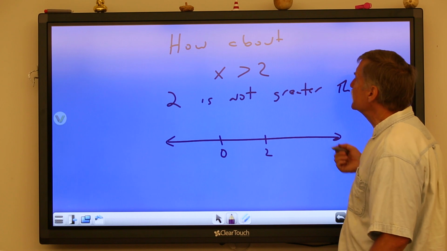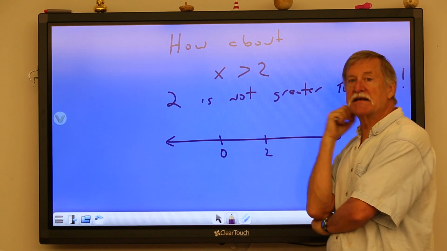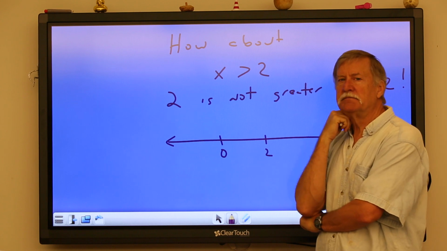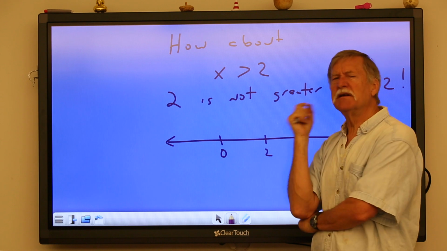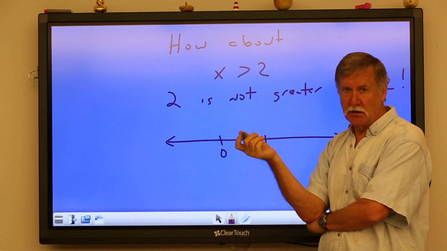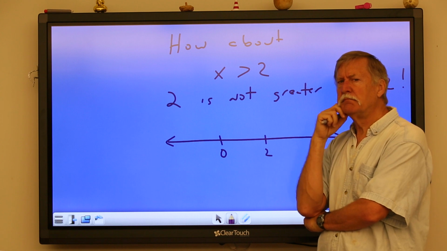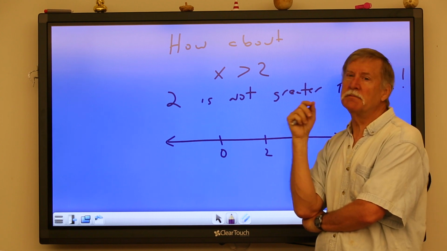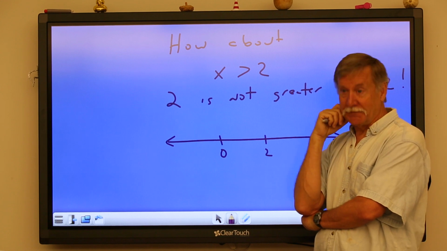So how about an inequality that says x is greater than 2? That's different, right? Because 2 is not greater than 2. So what's the next number greater than 2? 2.1? What about 2.01? What about 2.00001?